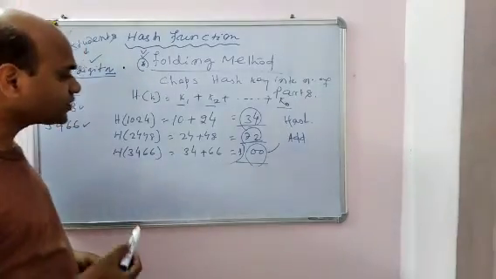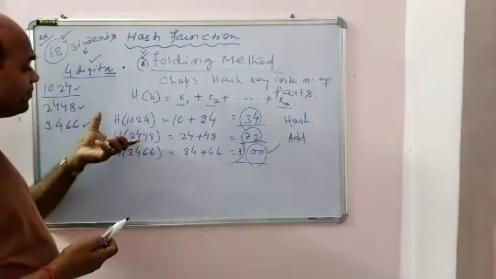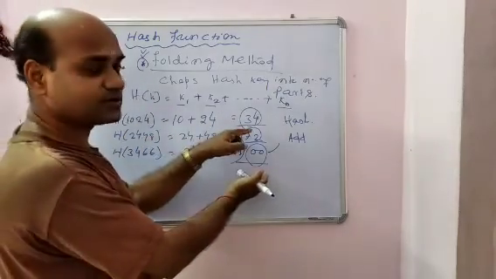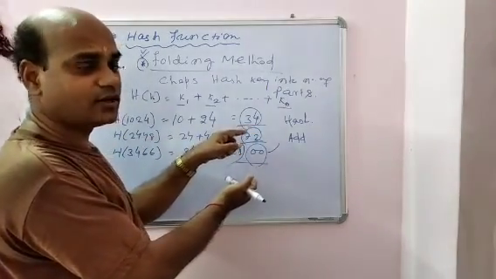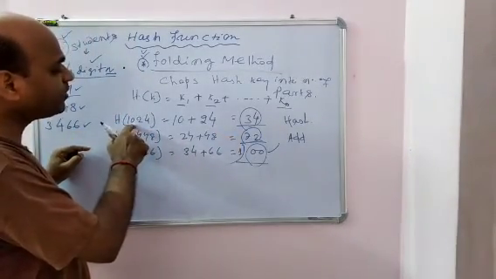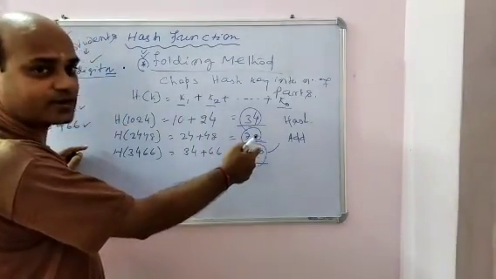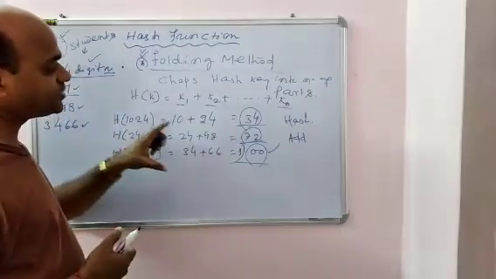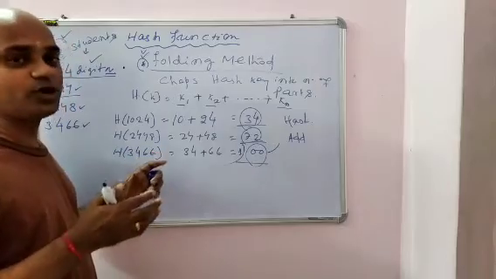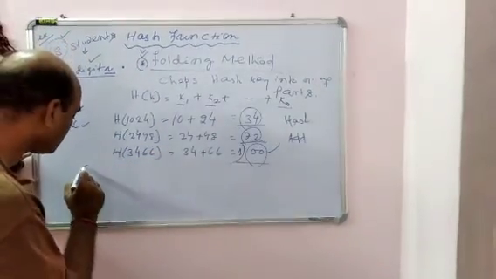Whenever different key values provide the same address, more than one key value has a common memory address. At that time there is a collision, and it needs collision resolution.